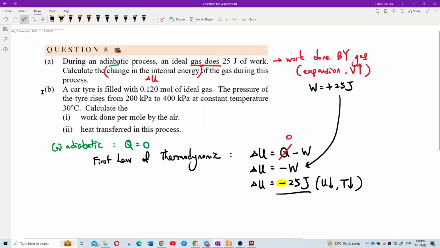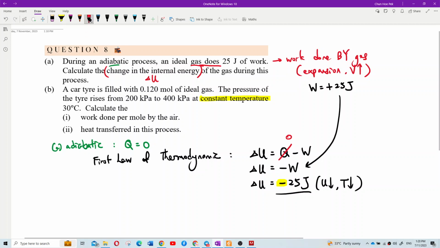All right. B. A car tire is filled with 0.120 mole of ideal gas. The pressure of the tire rises from 200 to 400 kilopascal at constant temperature. This is very important, this word, constant temperature. This tells you the process. What process is this? Constant temperature. Isothermal.